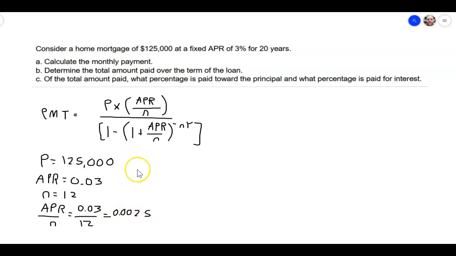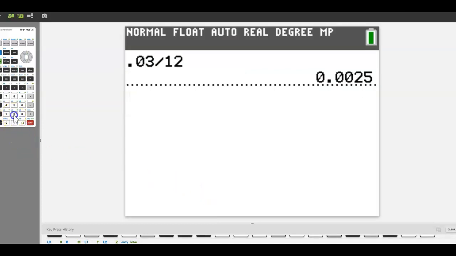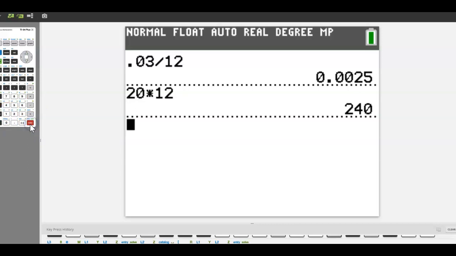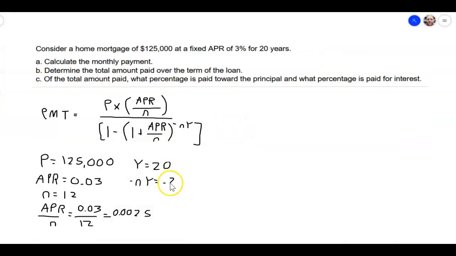All right, and Y is equal to 20 years. So negative NY is going to be equal to negative 12 times 20. So 20 times 12 is 240. So that's going to be negative 240. All right, so let's plug all this stuff in here.